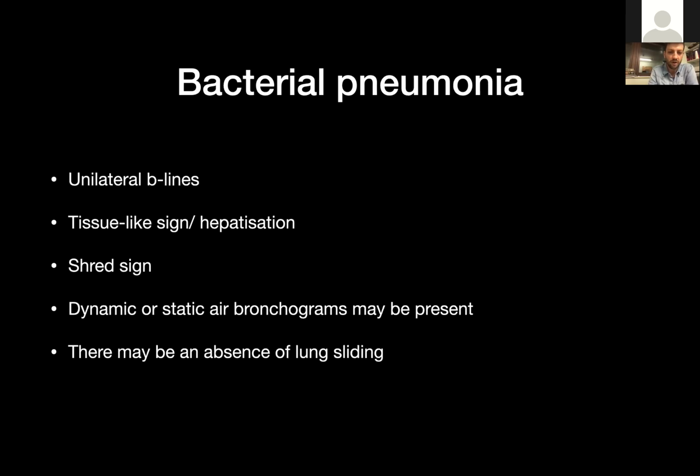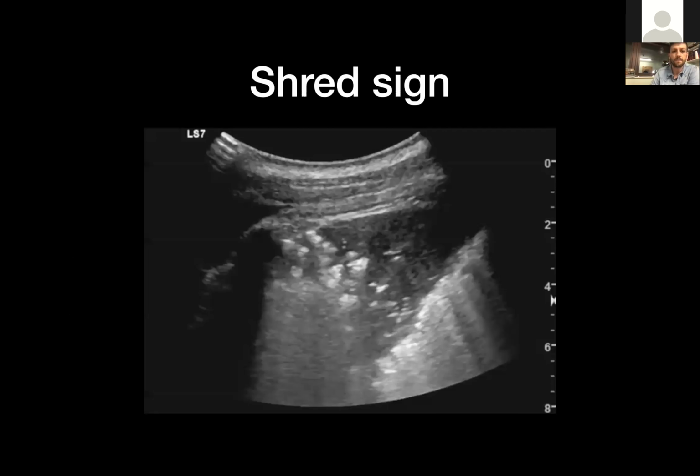So it's starting to look like the liver. You may also come across this term, the shred sign, and this is a descriptive term to describe the border between normal and consolidated lung. And then you may see some air bronchograms. And again, sticky lung may reduce lung sliding locally.